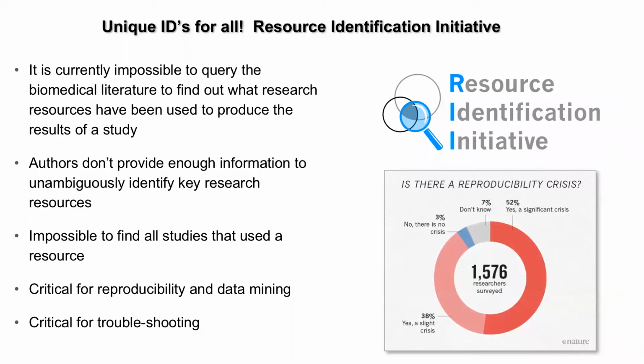The problem is that authors didn't provide enough information to unambiguously identify research resources, and it's also very hard to find all studies that used a resource or had information or comments about a resource that was used. This is critical for reproducibility, for troubleshooting, and also for getting the latest information about a resource.